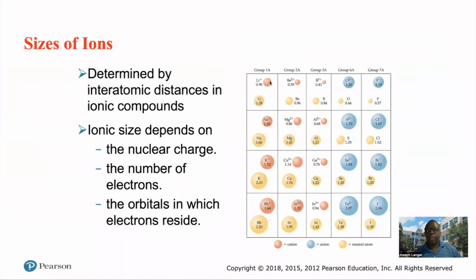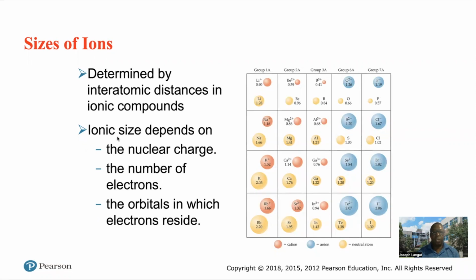For the sizes of ions, it doesn't follow the same pattern. If an element loses one of its valence electrons, its ion becomes small. Cations are smaller in size compared to their parent atoms. Look at sodium and the sodium ion, potassium and the potassium ion, rubidium and the rubidium ion. Cations are always smaller in size than the neutral atom.